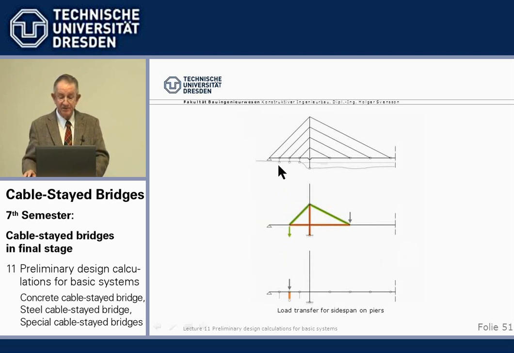If we have piers in the side span of a harp, like the Knie Bridge across the Rhine River, then life becomes much easier, because then every forestay cable force goes directly into a backstay, and every other cable here is its own backstay because it's rigidly supported, fixed to the beam.